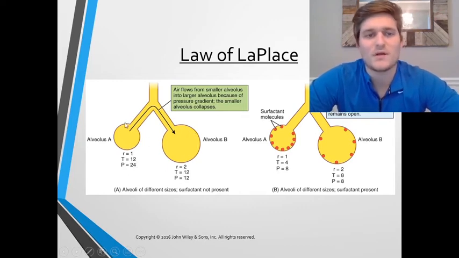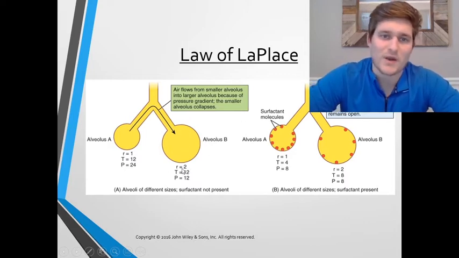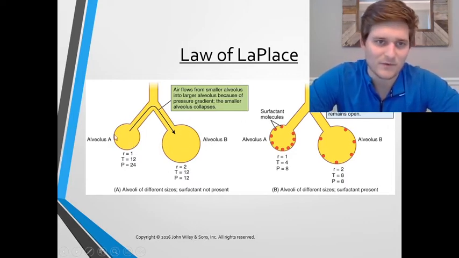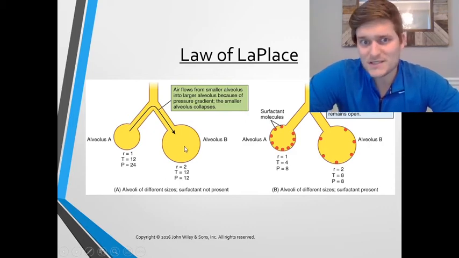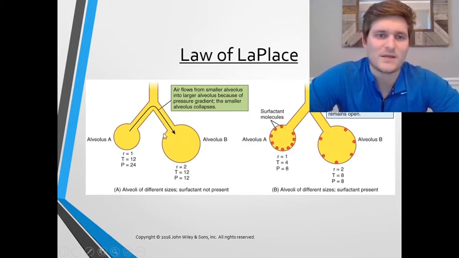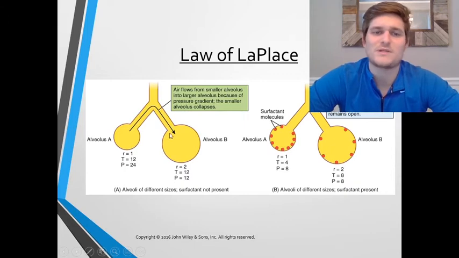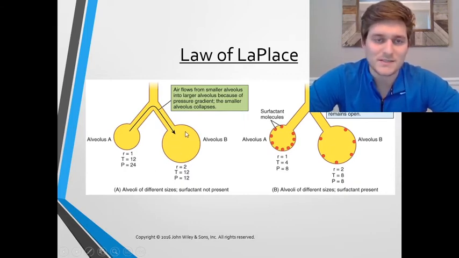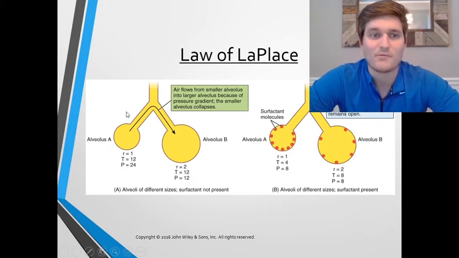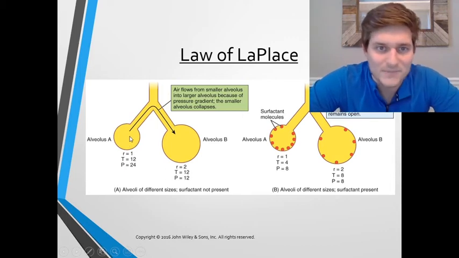Because alveoli B is twice the radius and twice the size of alveoli A, we just discussed how that is going to mean that there will be a decrease in pressure in this alveoli. And since the pressure is lower within this alveoli, all of the air is going to want to travel to this alveoli. And that would mean that this alveoli here would collapse.